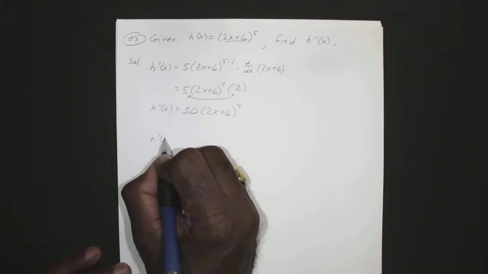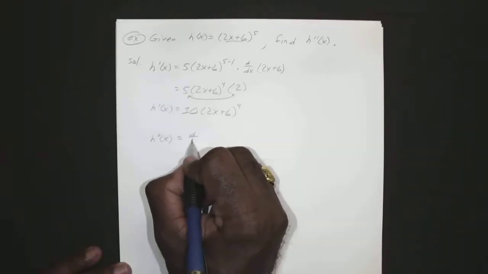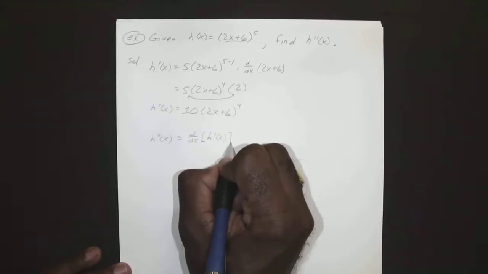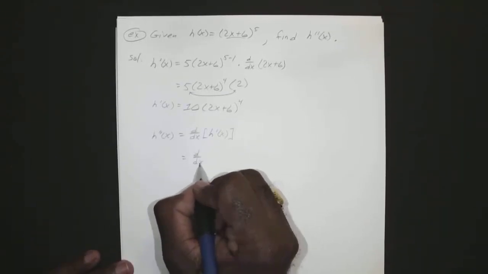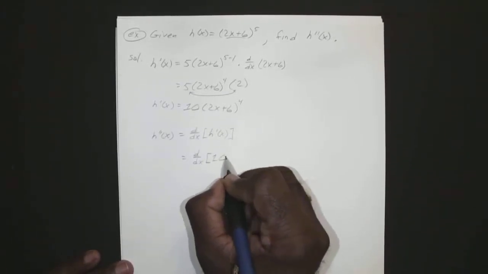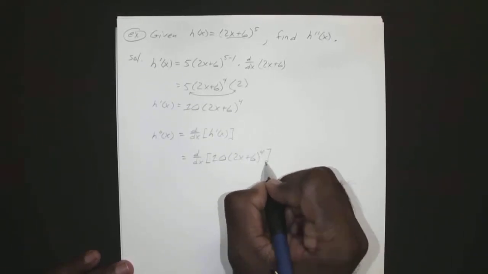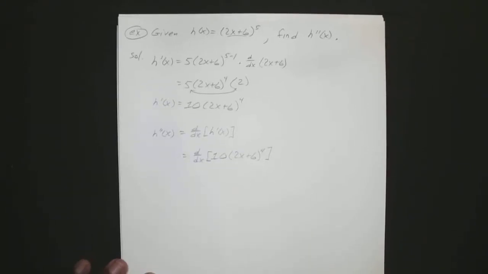So our h double prime of x, which is just the derivative of our first derivative. So that's just the derivative of 10 times (2x + 6)^4.